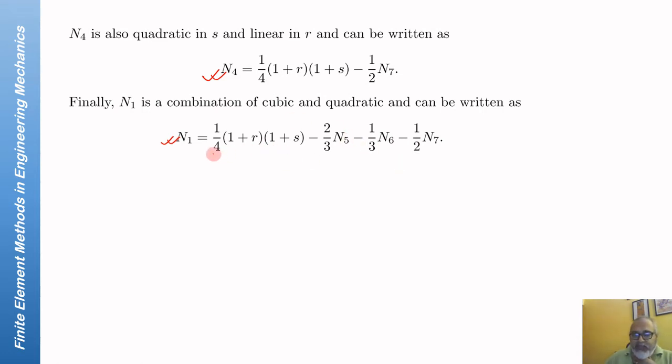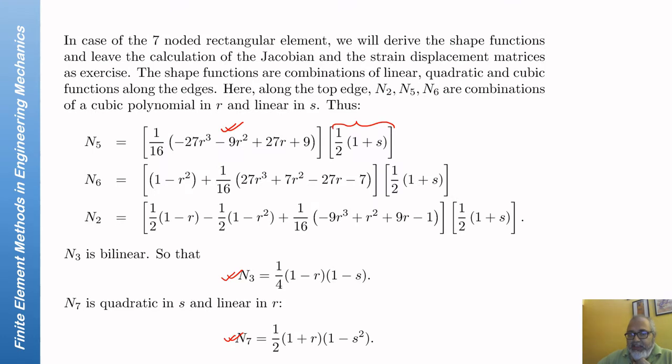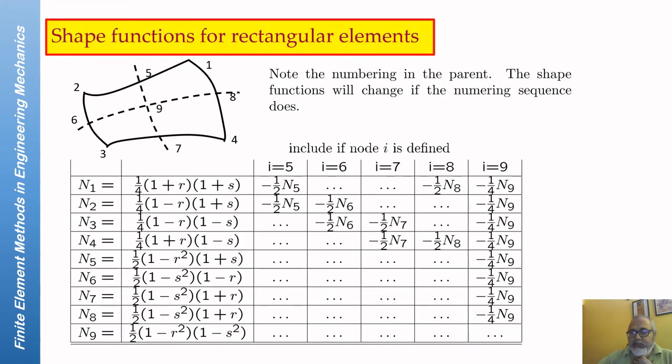So this is actually the linear bilinear approximation that we had done for the 4-noded Q4 element. And these are corrections that you will do for the presence of N5, N6, and N7 along the way. So these are terms that you need to add if the fifth node exists, sixth node exists, and seventh node exists, just like we had done in these tables here.